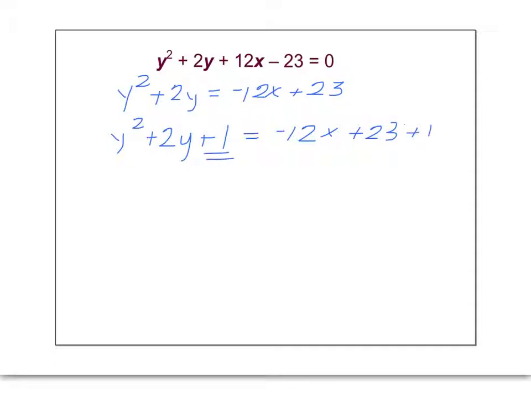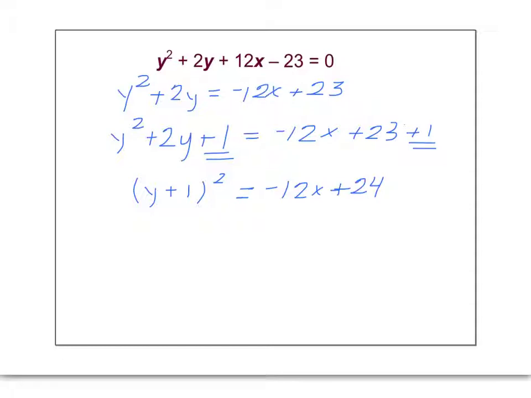And again, this plus 1 has to do with completing the square and recognizing that the equation has to remain in balance. So if I were to now factor this perfect square trinomial, this becomes y plus 1 squared equals negative 12x plus 24. Now we're almost there.